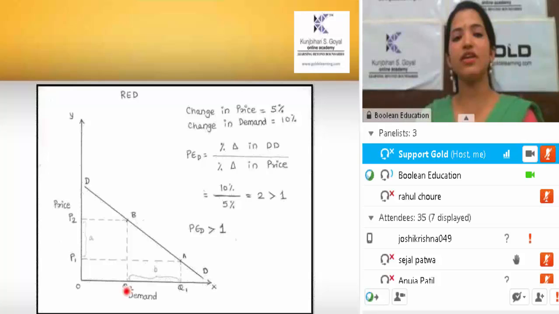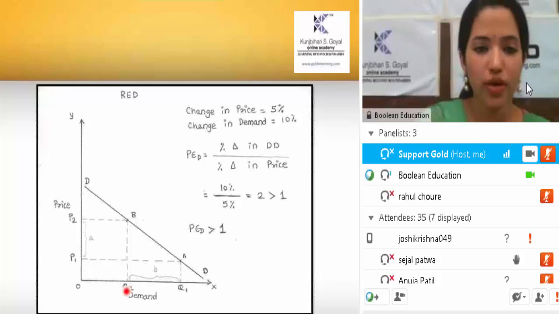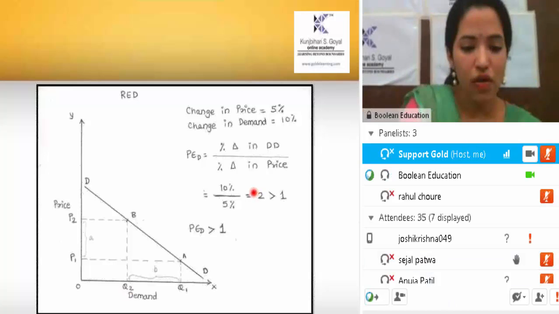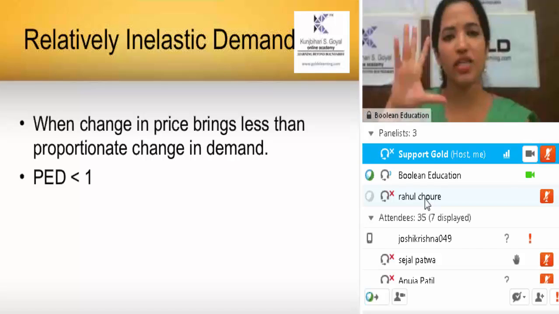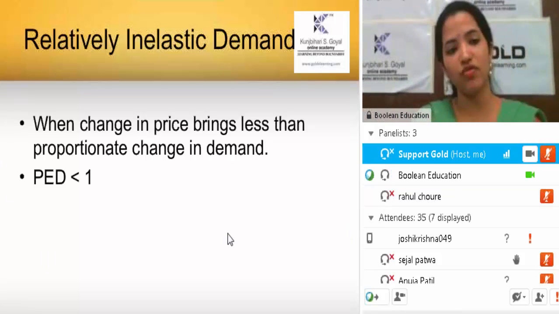Right, this is relatively elastic demand. Moving on to the next one. This is the last, fifth and last type of price elasticity of demand.